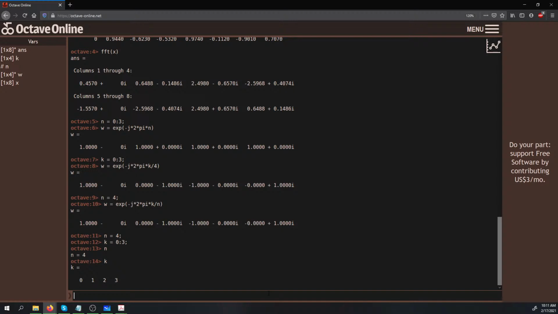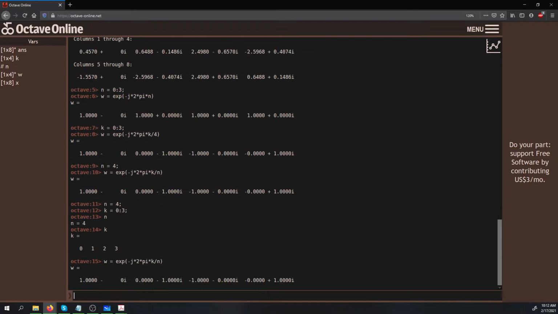Then our twiddle factors are equal to W, exponent of minus j by 2 pi by k divided by n. It calculates all our twiddle factors for the second decimation stage. The first one was 1, the second was minus j, the third was negative 1, and the fourth was minus minus j, so positive j accordingly.